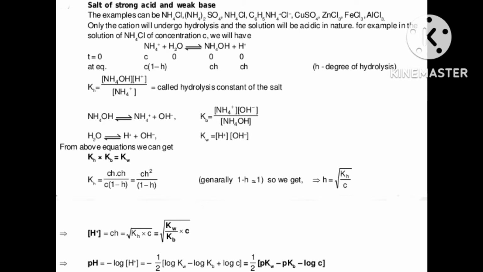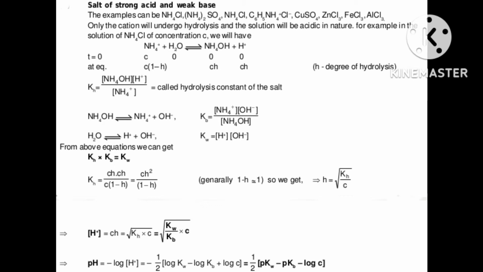Three things you have to calculate: first the pH value, second the alpha value, third the ionization constant of the conjugate acid of ammonia. The ionization constant of ammonia is given. Now how will you calculate? Just listen carefully.